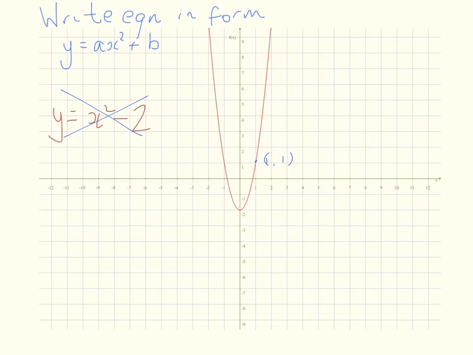So if I just take this across to the next page, just going to take a wee note first. This is my x coordinate, this is my y coordinate. So I've got the equation in the form y equals ax squared plus b. If we recall, this part that's tagged on at the end determines if we move the graph up the way or down the way.